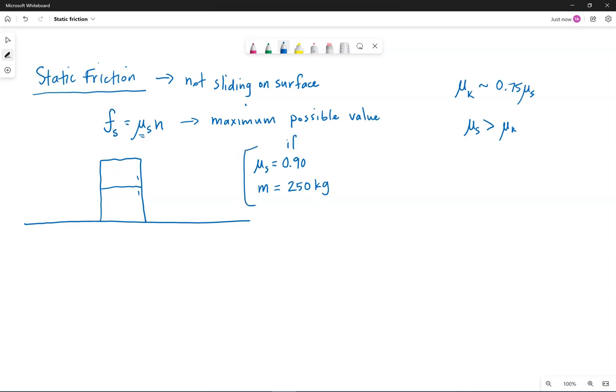So if these were the values for our fridge, if I was to calculate the force of static friction, I would have 0.9 times 250 times 9.8.